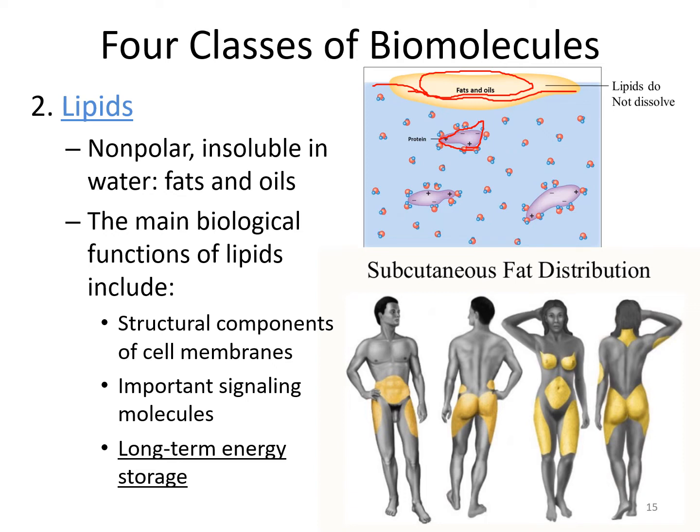And so the fat can stick around for a long time so that we have energy in the event of a lack of resources later. This image down here on the right is showing you the different fat distribution of males versus females, and of course this is hormonally driven, where this is actually deposited.